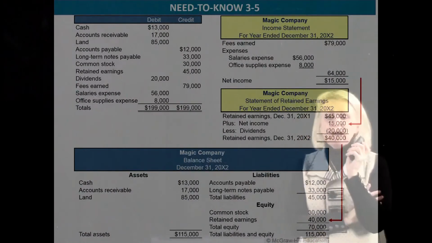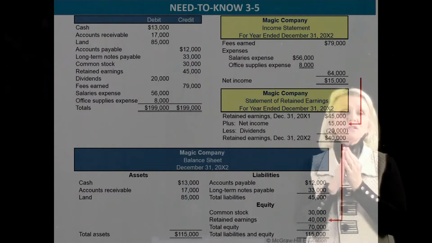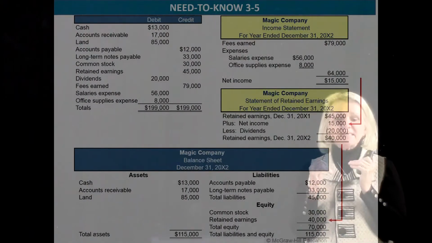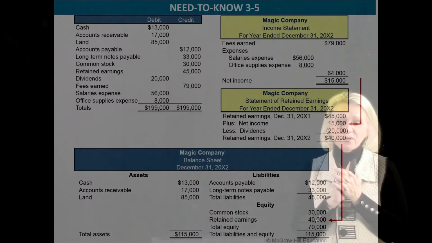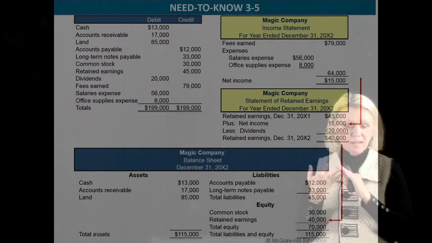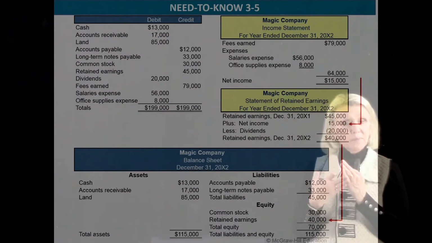You know that fees earned and expenses on the income statement are what's called nominal or temporary accounts, as well as dividends are a nominal or temporary account. Everything else, all liabilities, all assets, and owner's equity, are our permanent accounts.